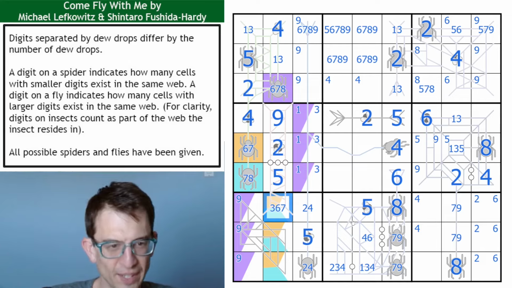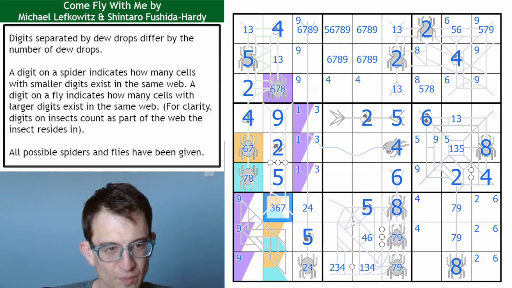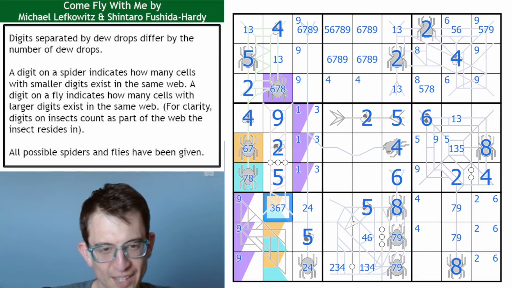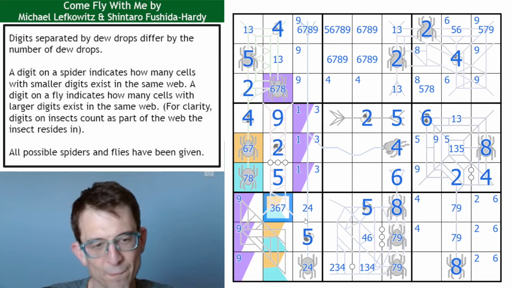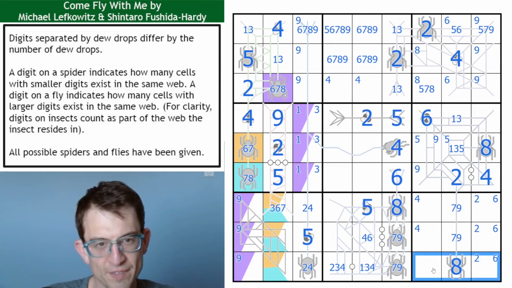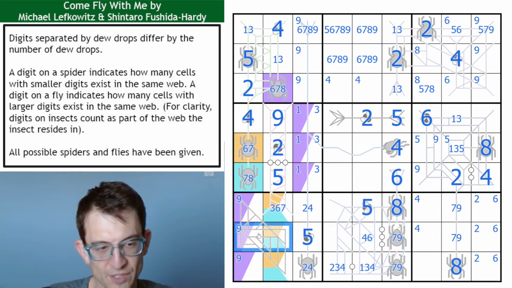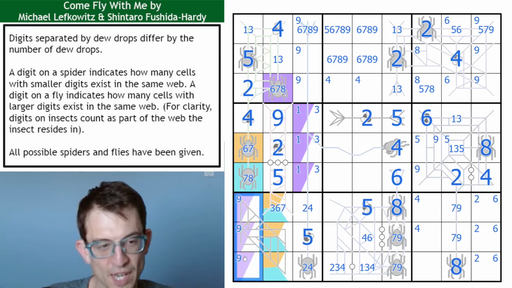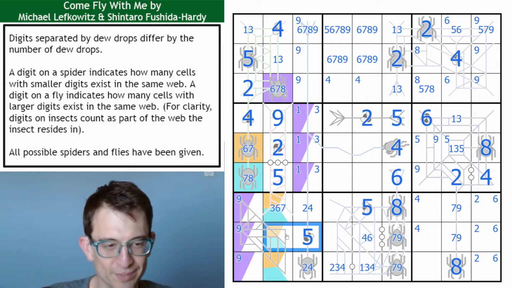Sorry. Okay, what do I do now? I've got 5 down here somewhere. An 8 in here somewhere. So not here though. Okay, so 8. Oh no, 8 could be purple.